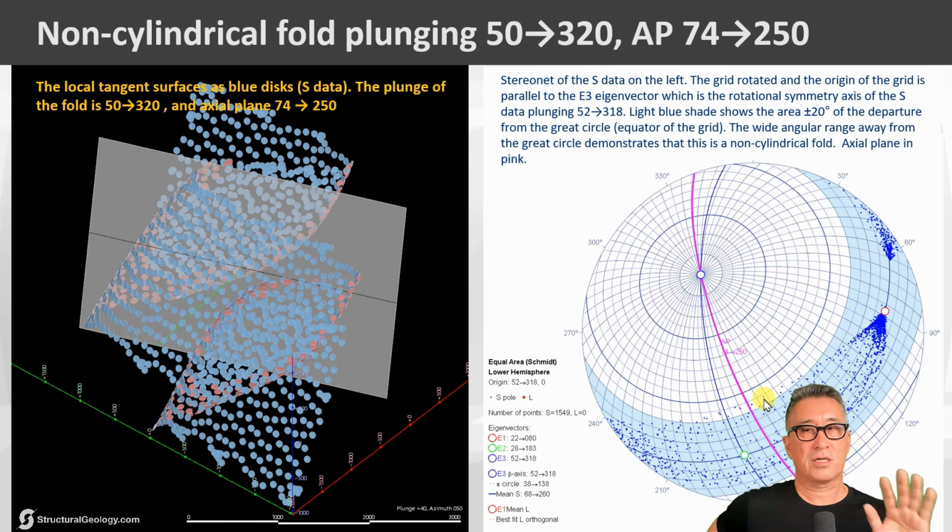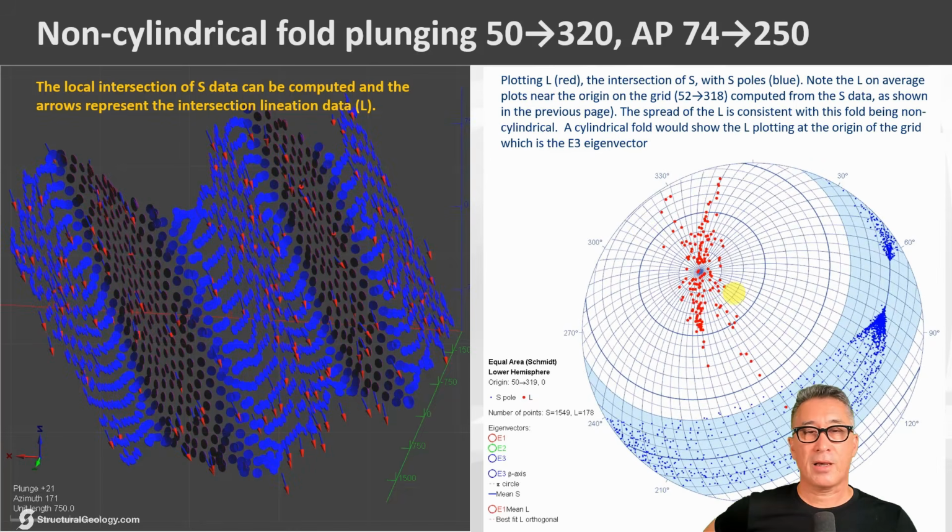It just doesn't tell you anything, and in fact, it hinders your interpretation. That is a major problem. The patterns are there, you just don't see them, because the grid is not really helping you to interpret the data. So if you take these tangents and compute the intersection of these things and plot them, they all plot here in the pole of the grid, which is what you'd expect.